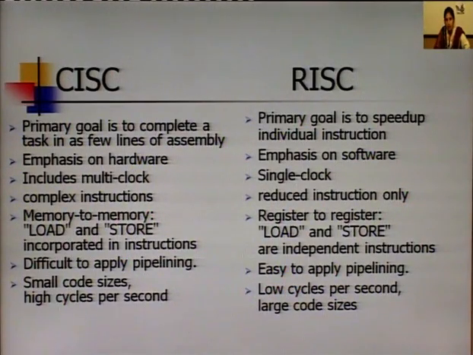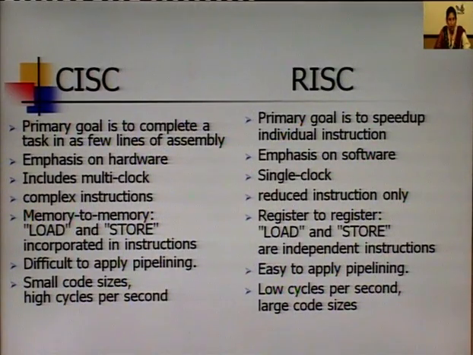In RISC, the primary goal is to speed up individual instructions, so the main goal of the reduced instruction set computer is to increase the speed of the system. CISC emphasizes hardware, it is hardware oriented, and RISC emphasizes software. CISC uses multi-clock cycles, and RISC uses single clock cycles.